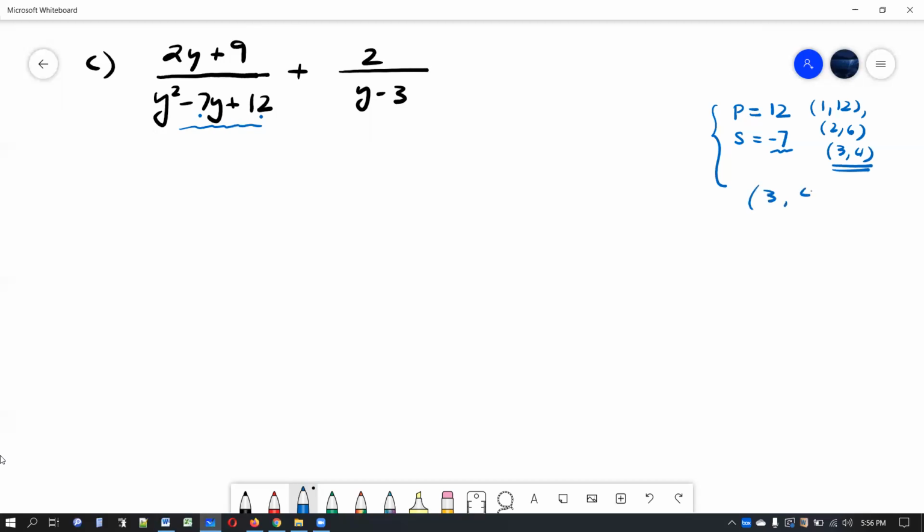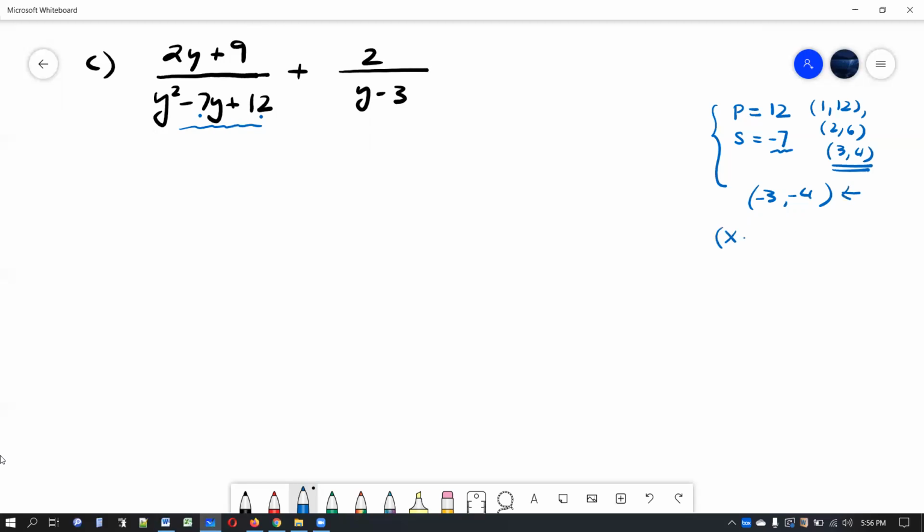And so I'm going to write it here, but I have to see that the sum is -7. So how can I get a sum of -7? If I add the two as they are, I get +7. But notice that if both of them are negative, then I have a sum of -3 plus -4, which is -7, and their product is +12. So this is the number that I want.